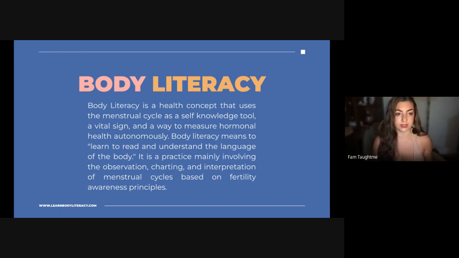It's a practice that mainly involves observation. So we take our observations, we move them to an organized chart, and then we interpret the charts of our menstrual cycles based on these principles and rules if you want to use it for something like contraception. But it has a lot of health implications as well.